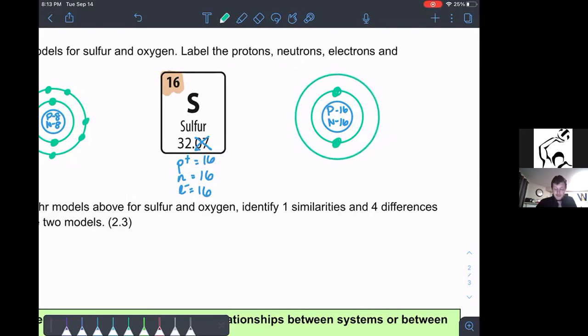We can have up to 8 electrons in the second orbital. So we're going to add 8 more electrons. Are we done? No, we are not done because we also need our third orbital because we need 16 total electrons. We only have 10. So we're going to add 6 more electrons to make sure we have 16.